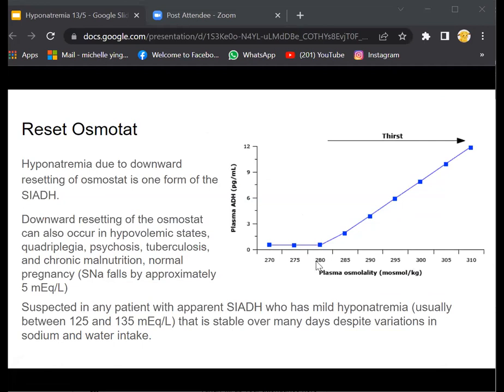This is a brief introduction to the reset osmostat, whereby hyponatremia due to downward resetting of the osmostat is one form of SIADH.